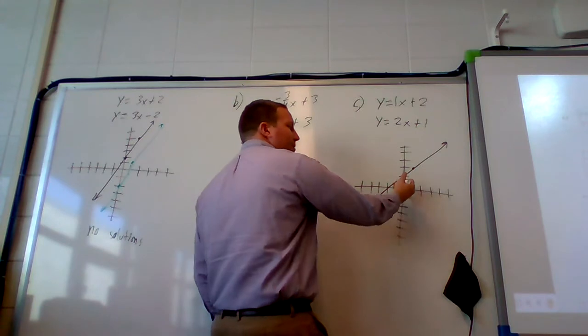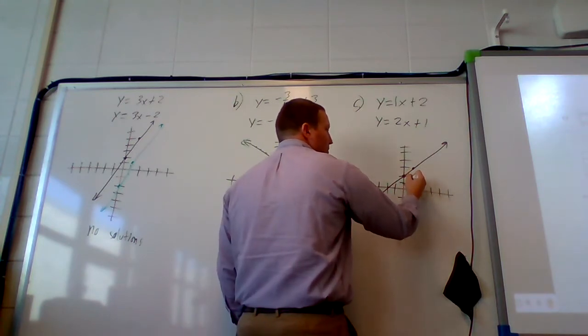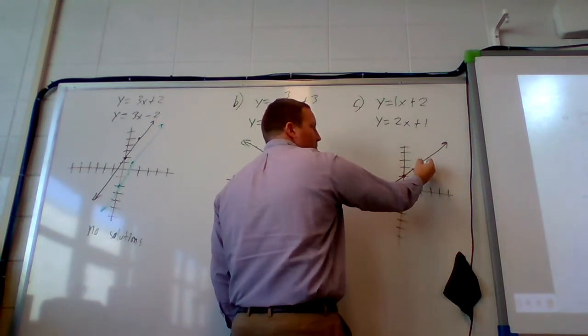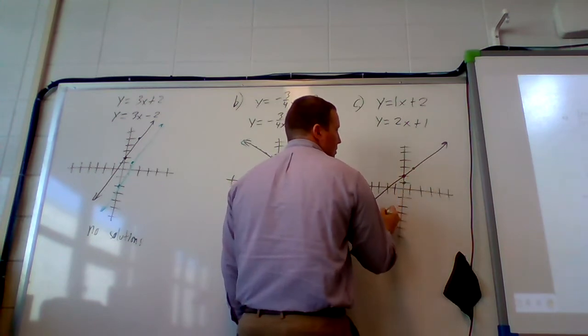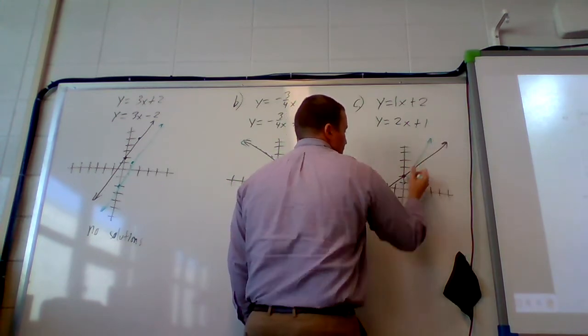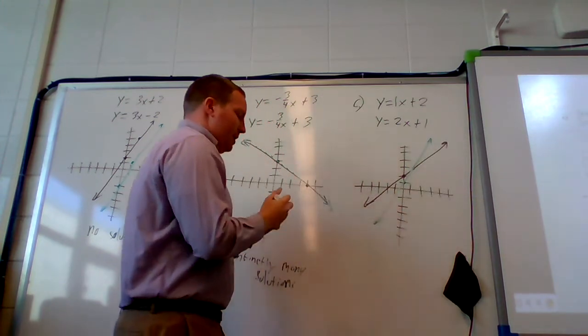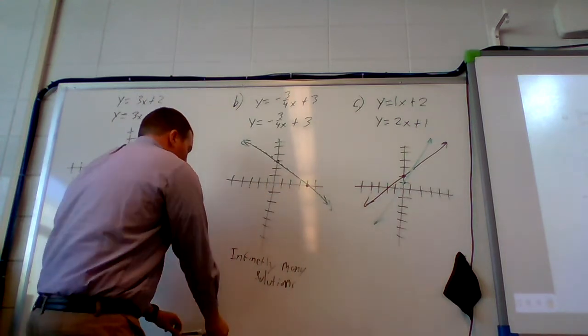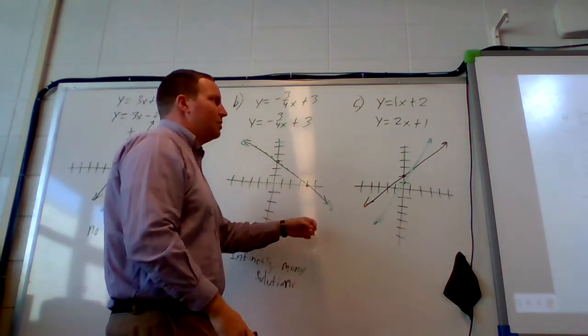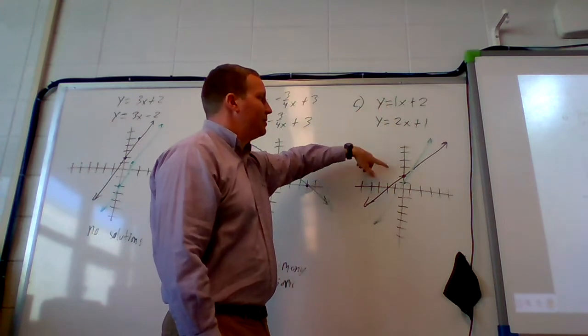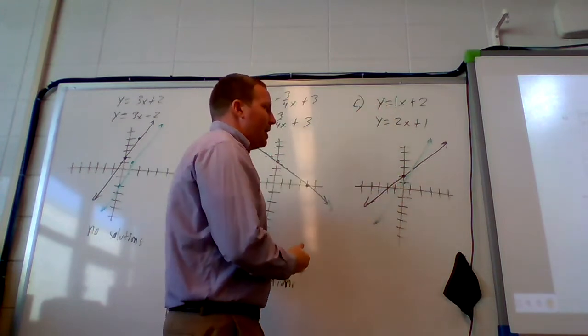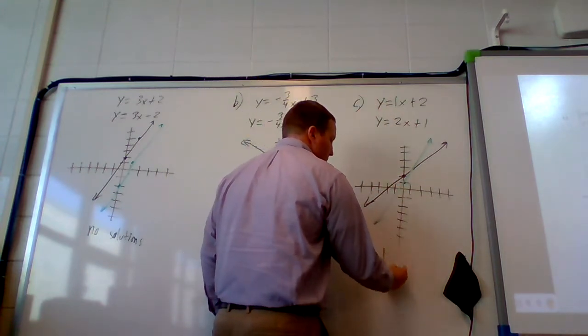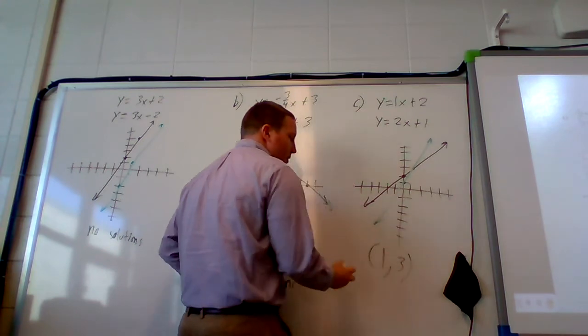So we're on the y-axis at a positive 1. We're going up 2 over 1. So there's my line. Again, the point of intersection is our solution to the system of equations. Well, they intersect at the point (1, 3). There's our solution.